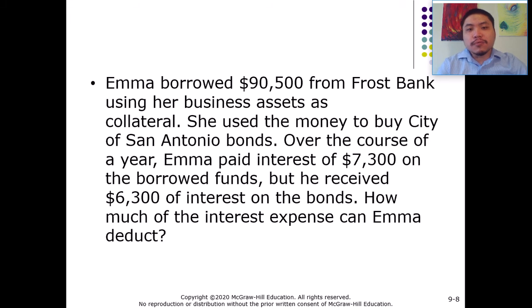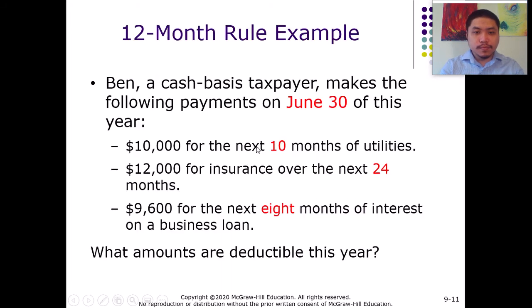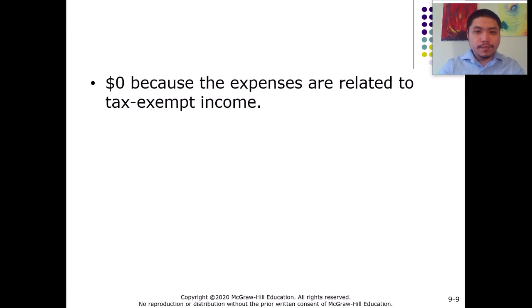Because of that, Emma cannot deduct any of the interest she had to pay here. So whatever amount she can deduct, it's going to be $0.